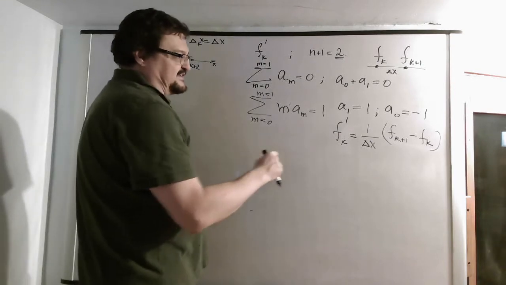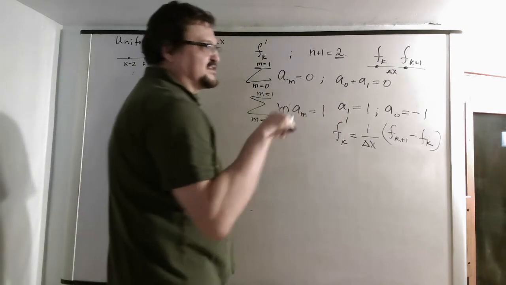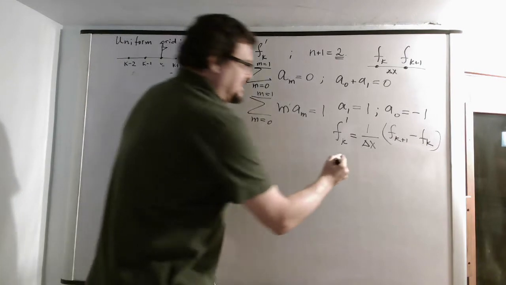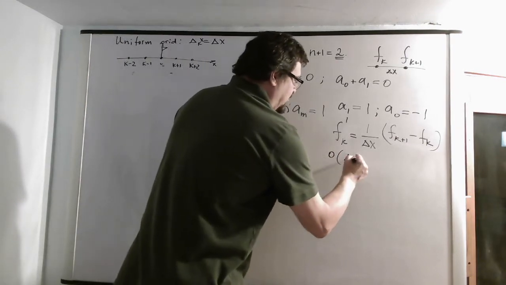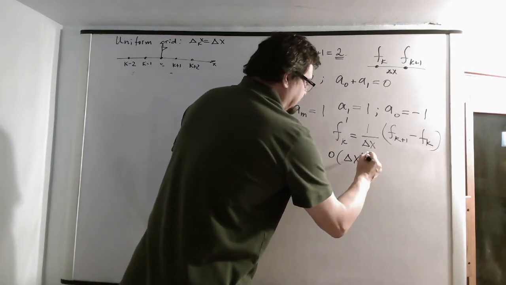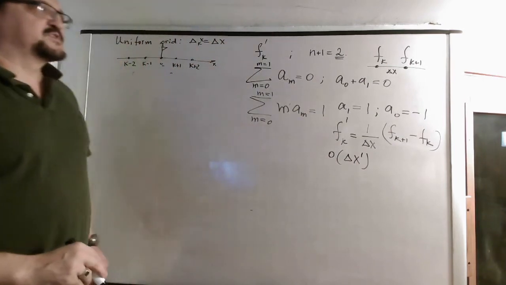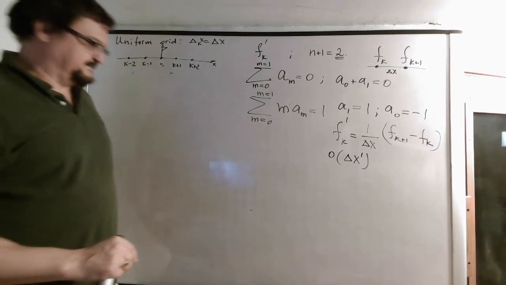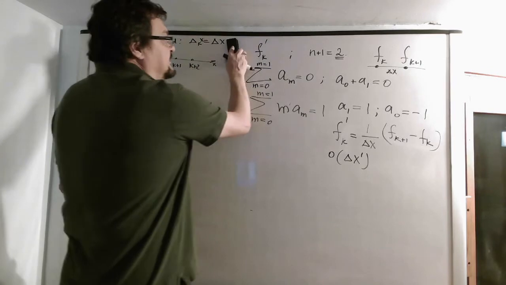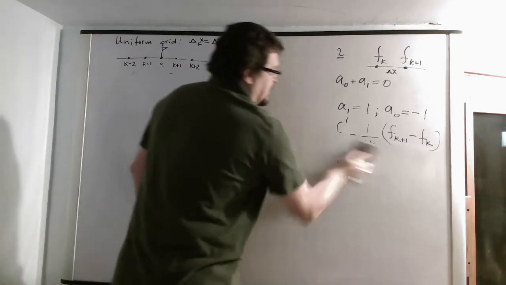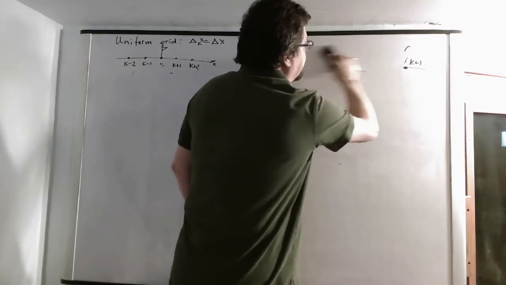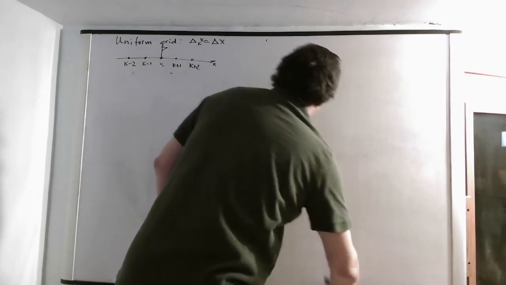You can actually check that. We have 2 equations, so 2 minus 1 is 1. So the truncation error is O of delta x to the first power. So this is a first order derivative. Now let's have another example. We want the first derivative, but this time we're going to use 3 grid points.